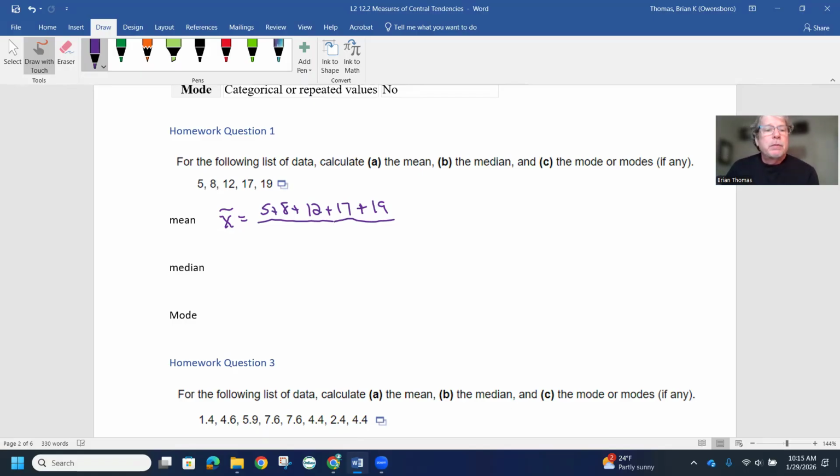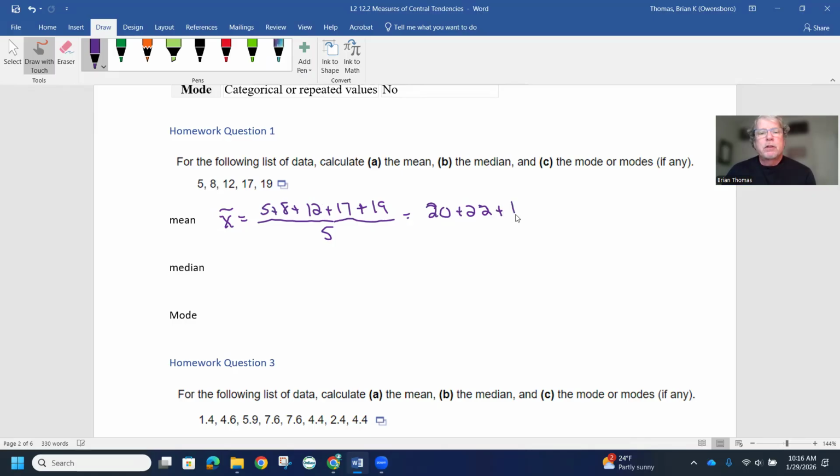So we had one, two, three, four, five pieces of data, so we're going to divide that by five. If we do that math, we can do it by hand or with a calculator. These numbers don't look that crazy here. I can see 8 plus 12 is 20. 5 plus 17 is 22.